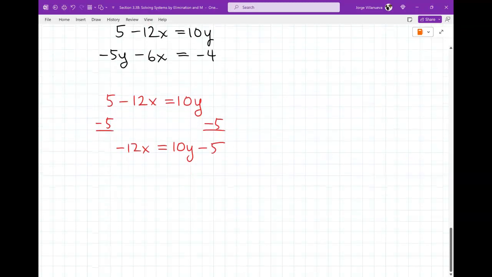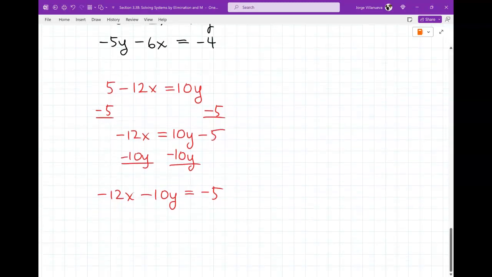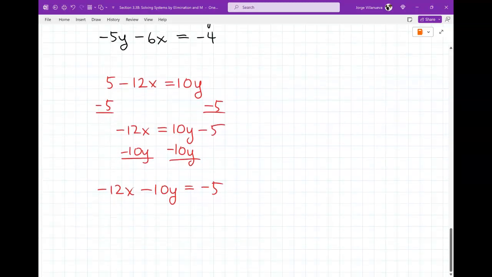Now to get my y value on the correct side, I'm going to have to subtract 10y on both sides. So I get negative 12x minus 10y equal to negative 5. Now it's fixed. Okay? It is now in the right order. X, y, and a number.